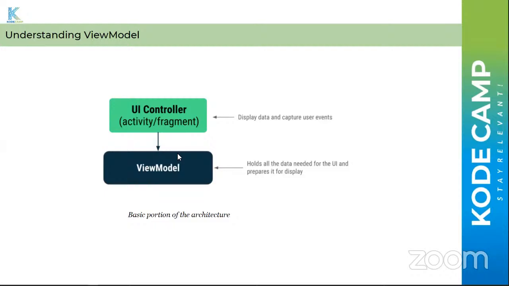But your view model is responsible for holding and processing all the data needed for the UI. So it should never access your view hierarchy, like, for example, your view binding object. It should never access it, or even hold a reference to the activity or the fragment, because when that is destroyed, it's going to affect it. So that's enough.